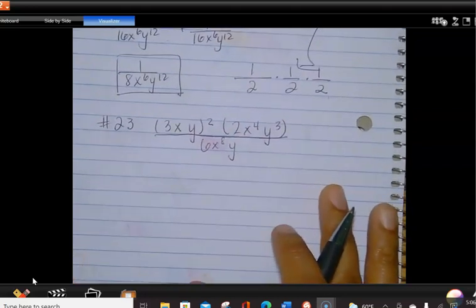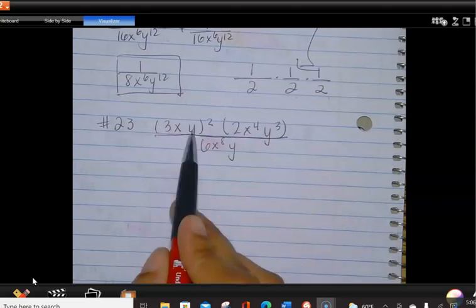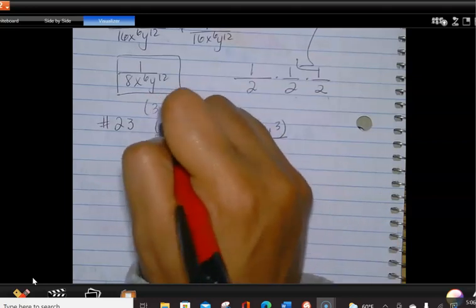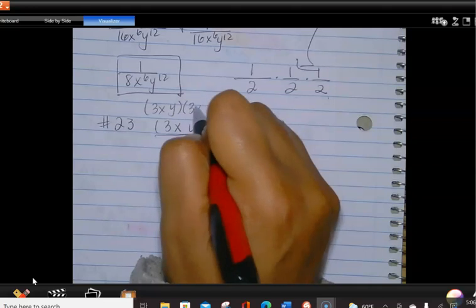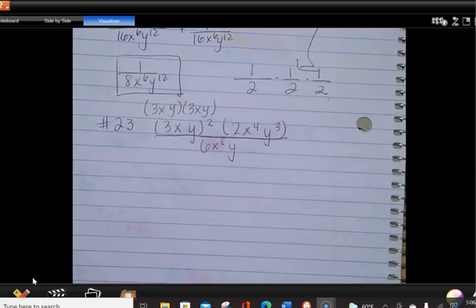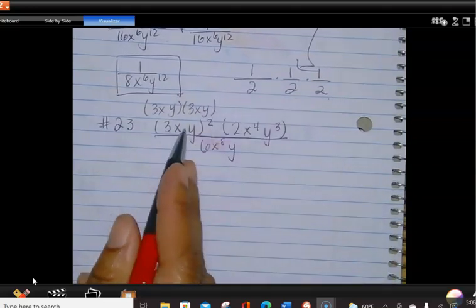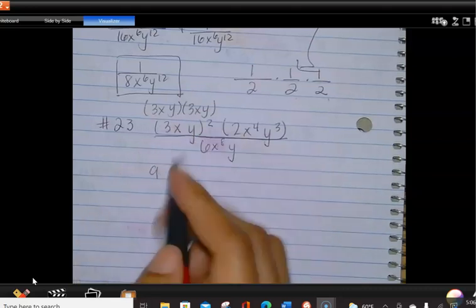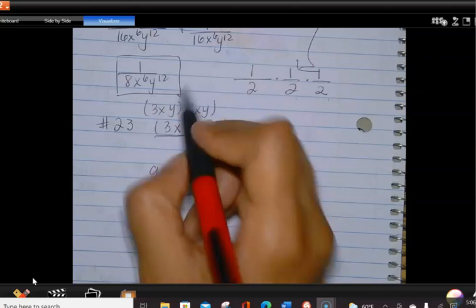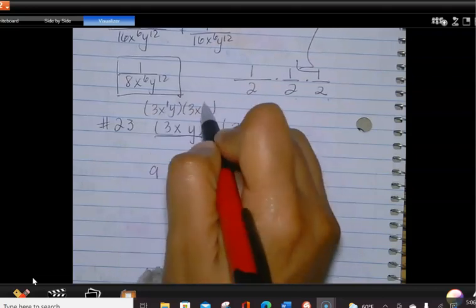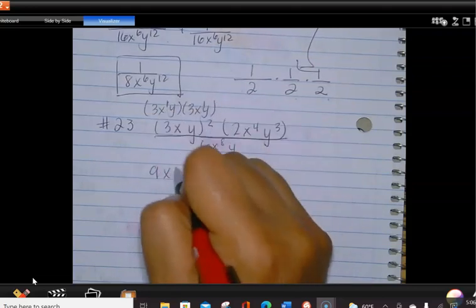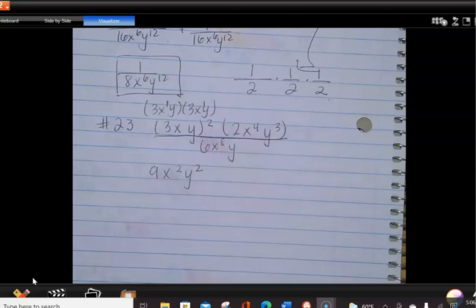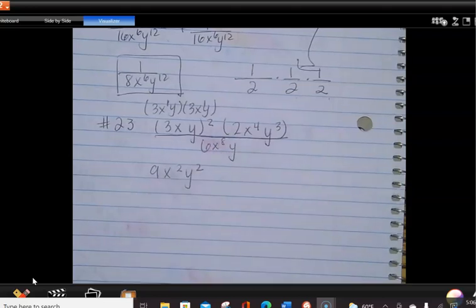So again, keeping it simple, remember that this is the same as having two of these being multiplied out. This could be one big base. So this becomes 9. And then this is x to the 1 times x to the 1. So 1 plus 1 is x squared, and then y squared. That takes care of the front parentheses.